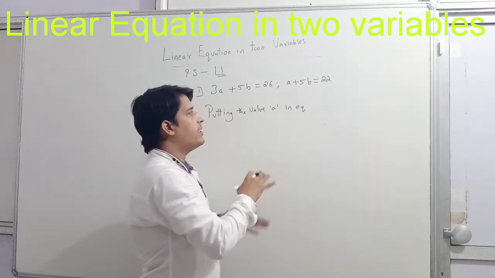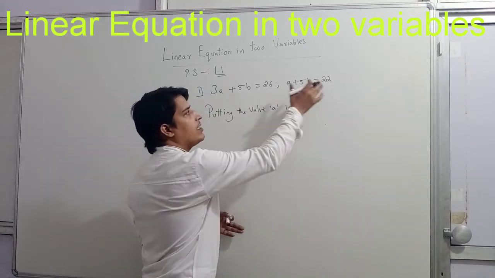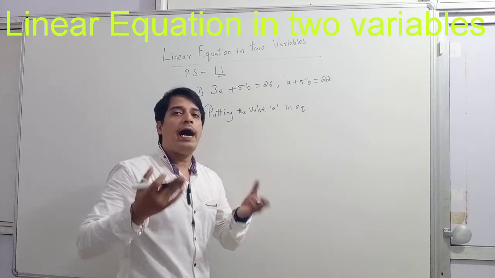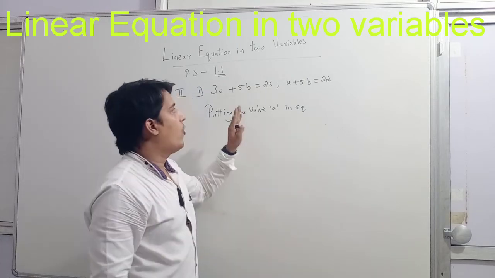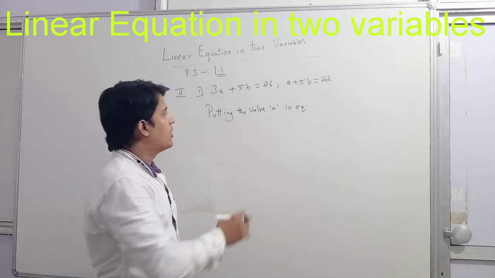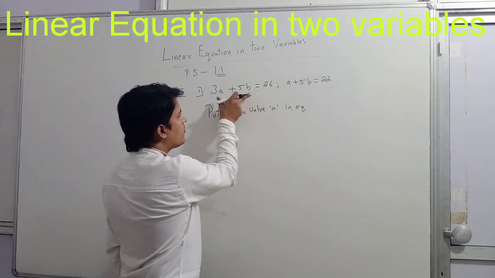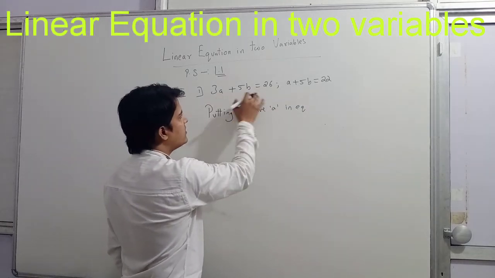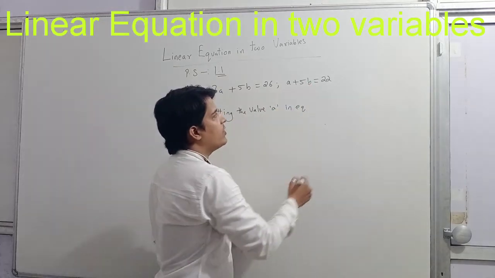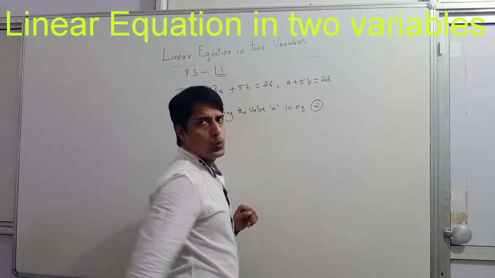Now, I can get the answer of b by taking equation 1 or 2. It totally depends on me. But what I suggest is, go for the smaller equation or the equation which is positive. Over here, both the equations are positive, all the signs are plus. So I will go with equation number 2.